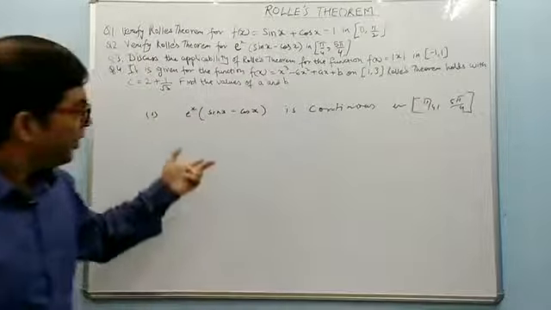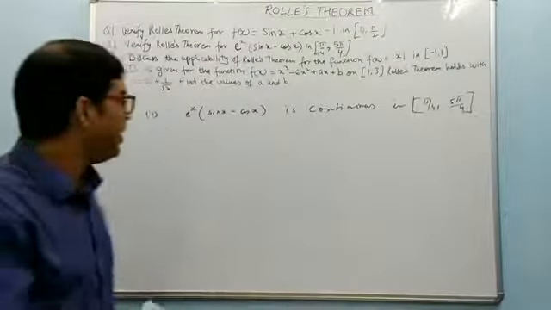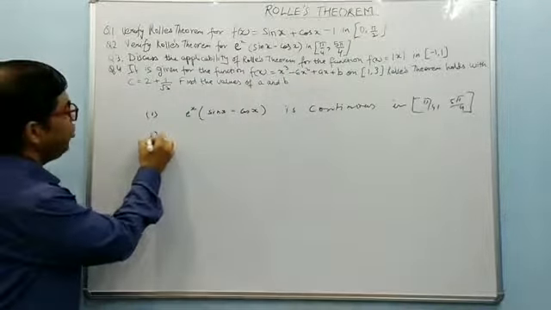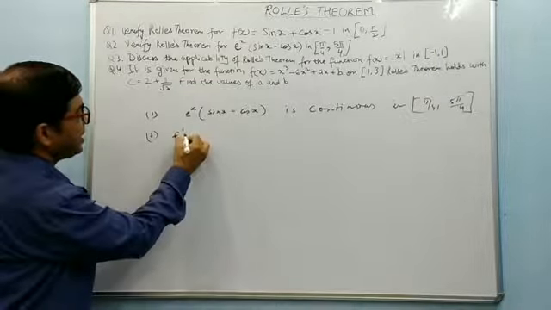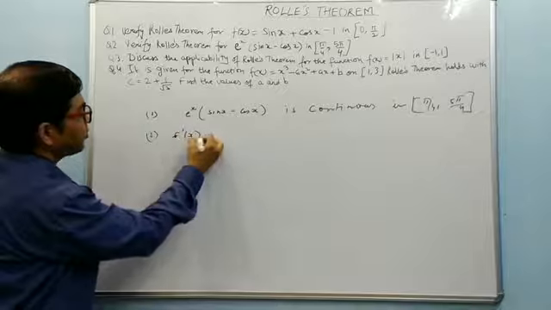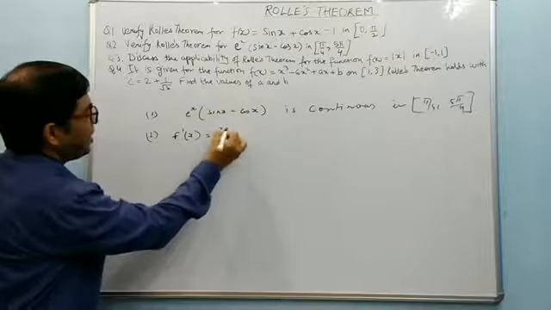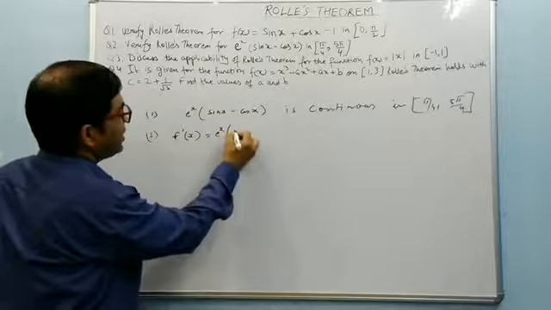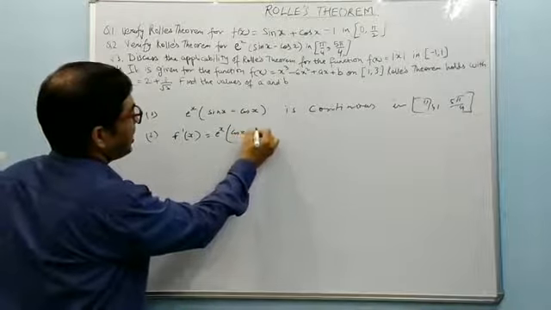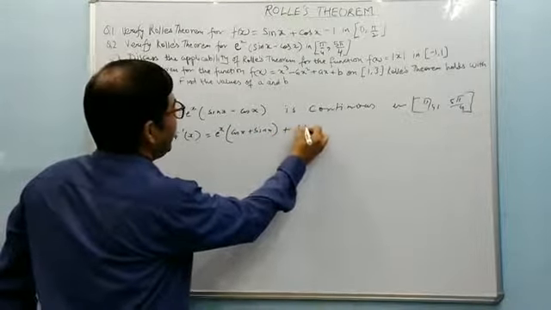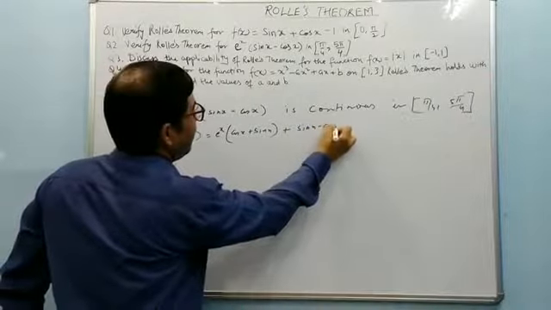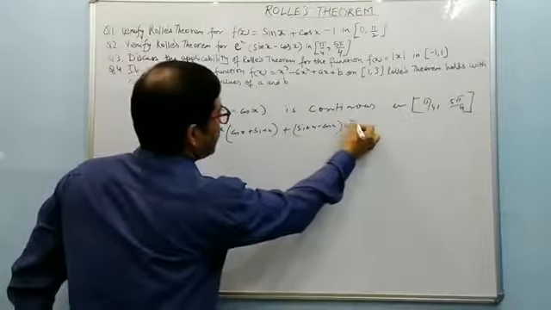Now if you just differentiate this, if you write f(x) is equal to this, f dash x is going to be e to the power x, differentiation of this is cos x plus sin x, minus cos x. Differentiation of e to the power x is e to the power x.